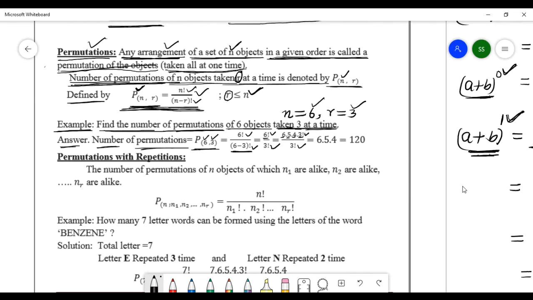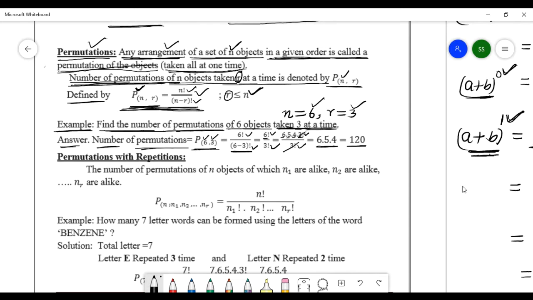So seal 3 factorial. Last lecture I told you. Okay. So this 3 factorial and this 3 factorial cancel. What remains is 6 × 5 × 4, and this equals 120.